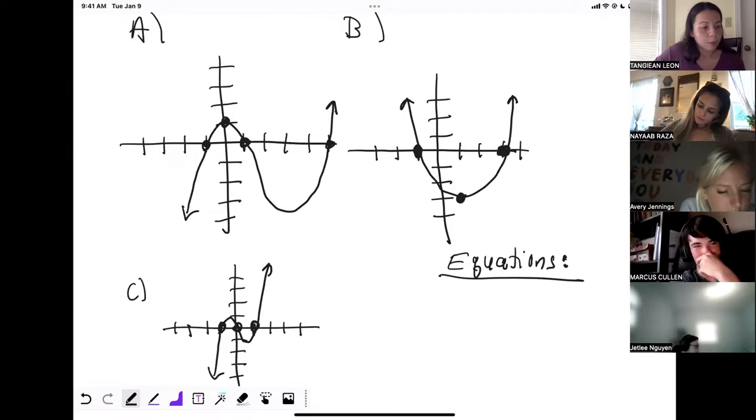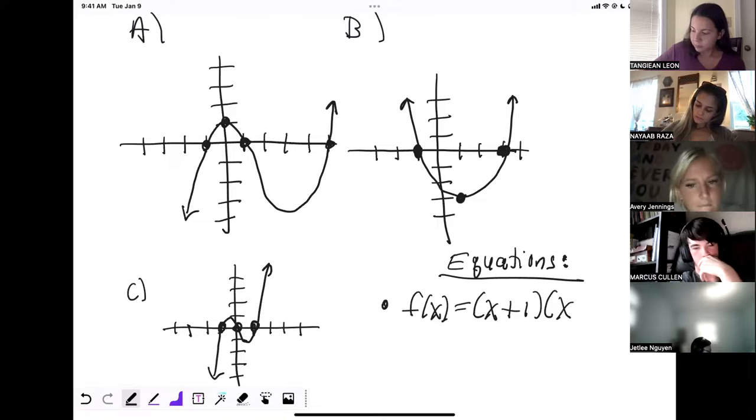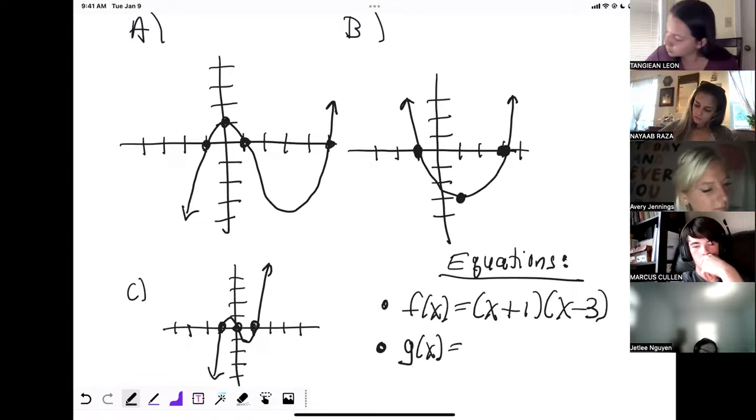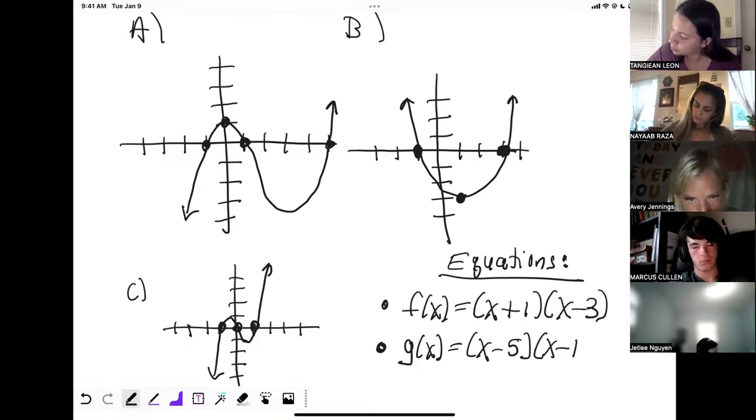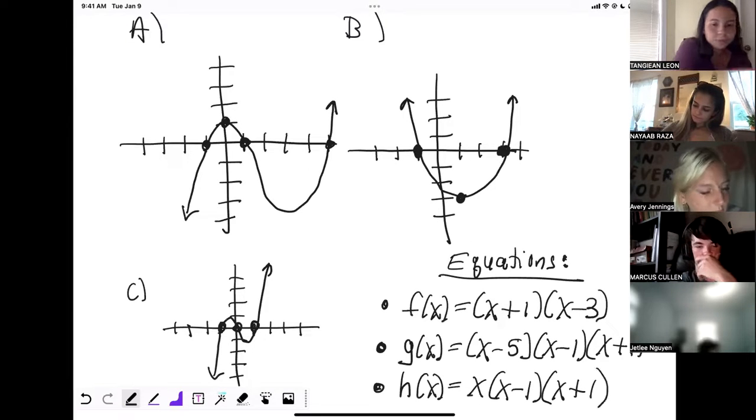All right, so first equation. All right, there's the three equations.